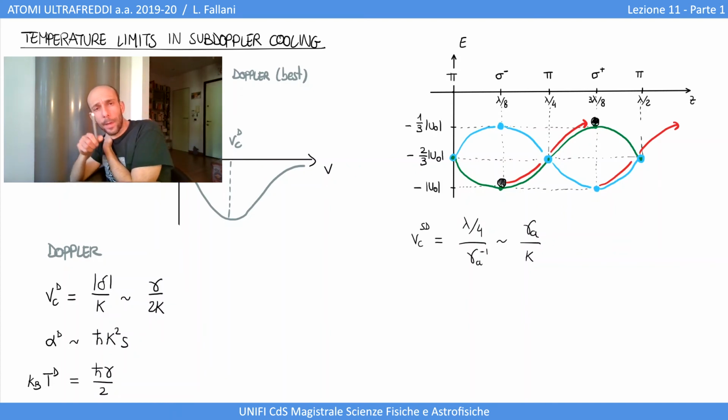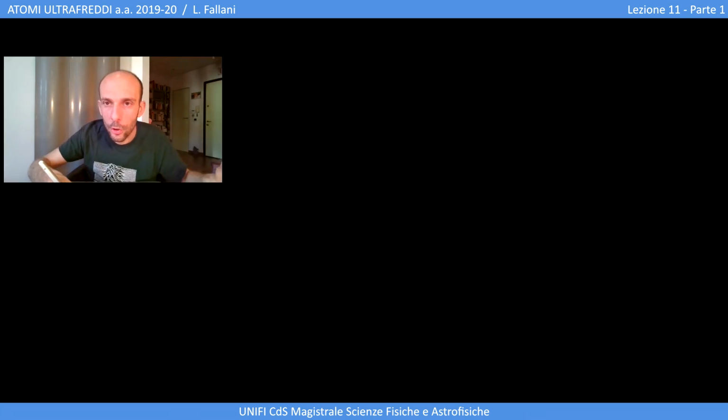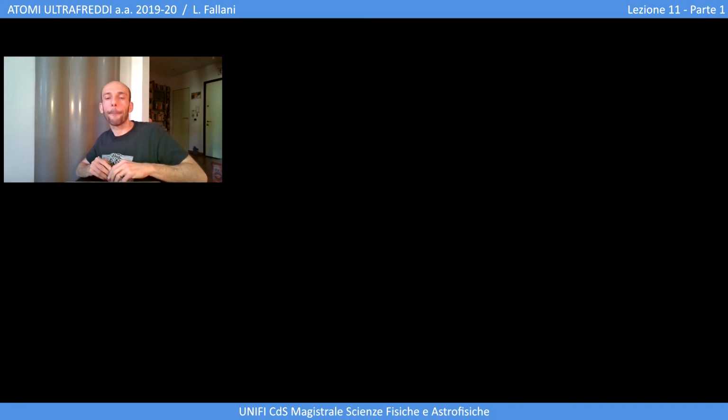And last time I gave you the expression for gamma A, so I will recall it now in the limit in which we are interested: saturation parameter S much less than 1, and detuning much larger than the transition linewidth gamma.